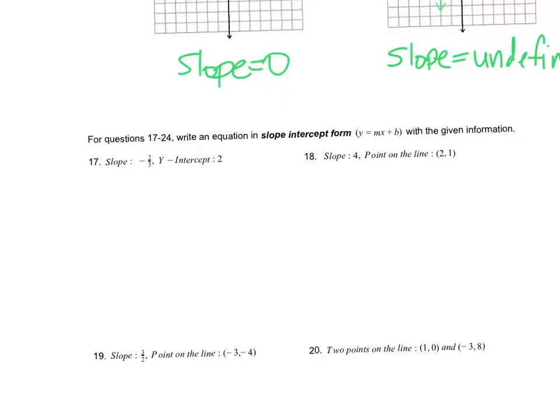Here, I might go through how to do this a little differently than another teacher might explain it. The cool thing about mathematics is there are so many different ways to do something correctly.